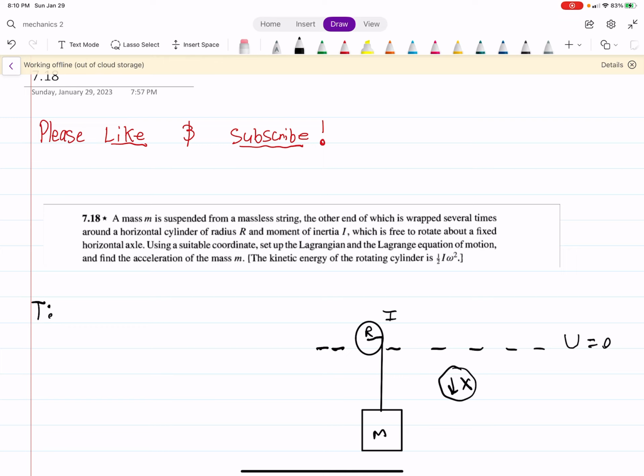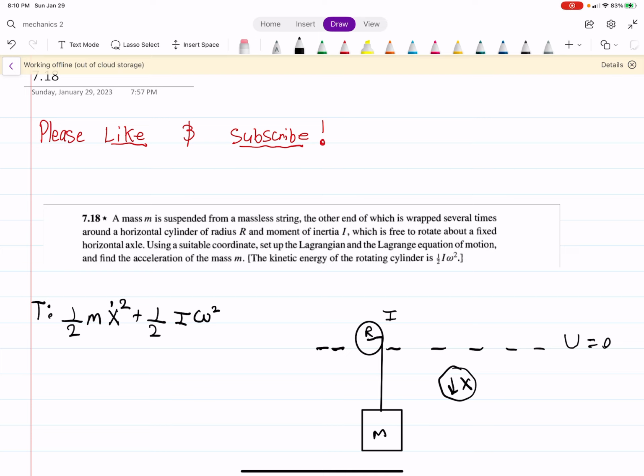So the kinetic energy, there's 1/2 m x dot squared. That's just it moving translationally. And then we also have 1/2 I omega squared, which is the rotational kinetic energy of the pulley system, because the pulley is rotating in this case.